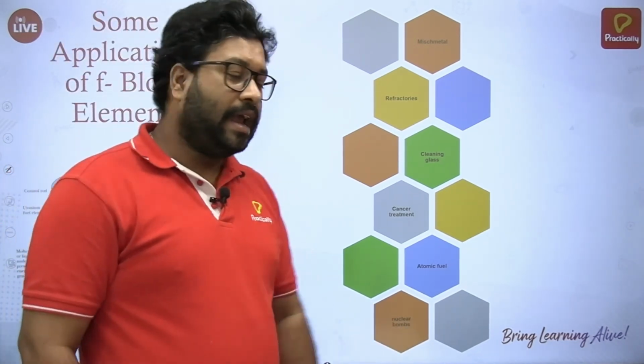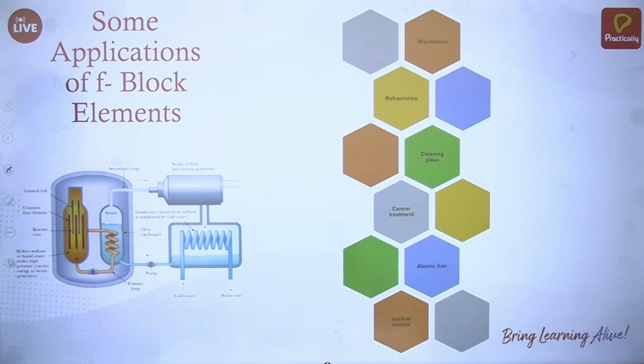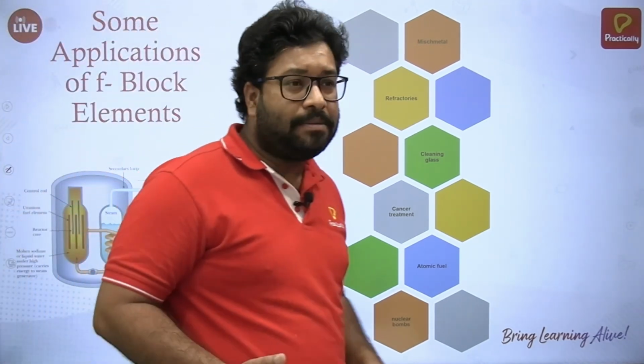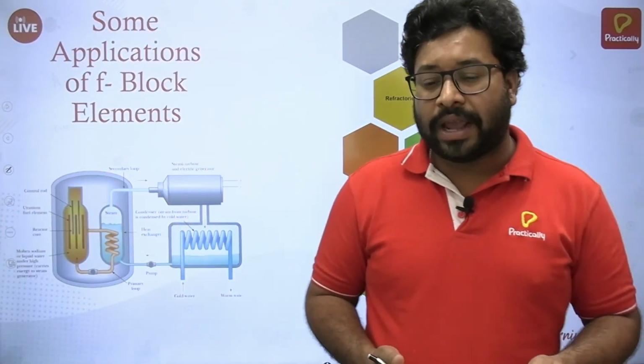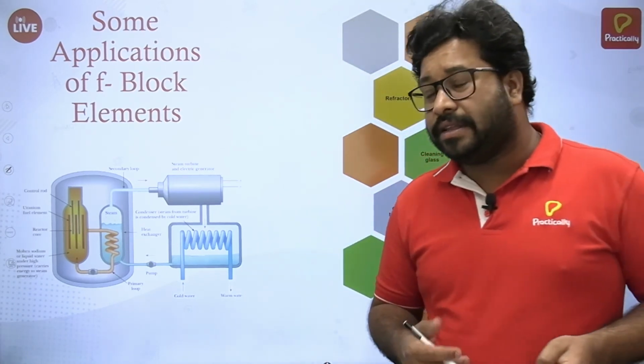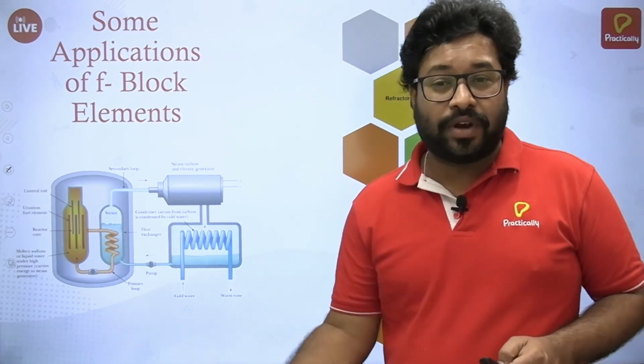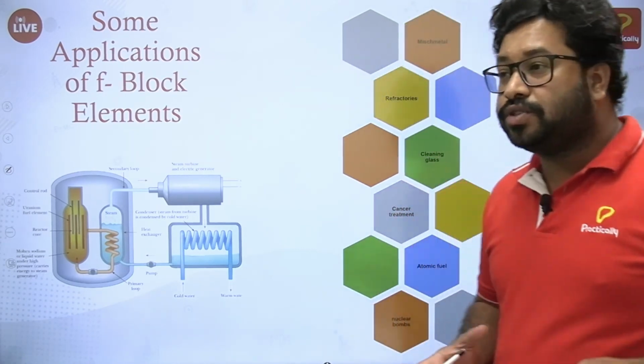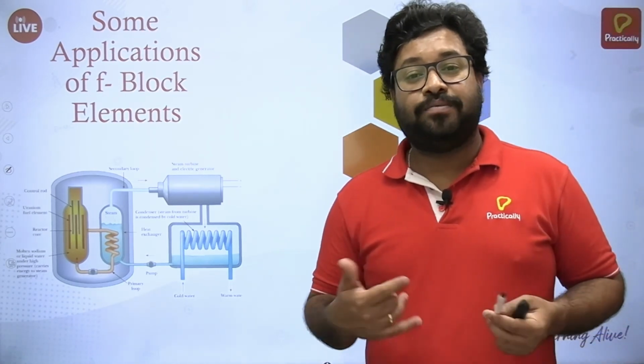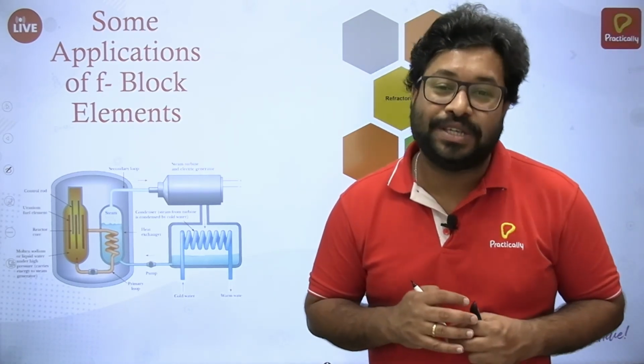Lastly, the nuclear reactor. In a nuclear reactor, we all know uranium is a very famous radioactive element. Most of the actinide elements, for example plutonium, uranium, neptunium, are used as radioactive metals to obtain energy from them.